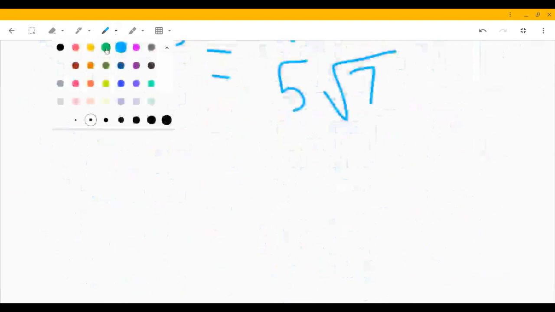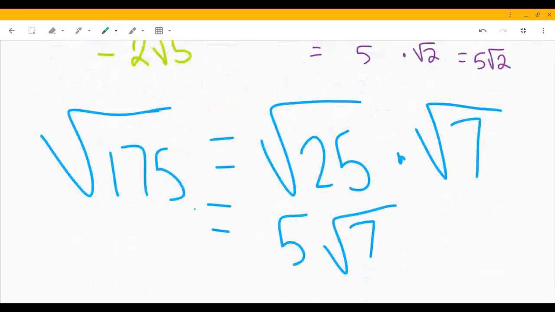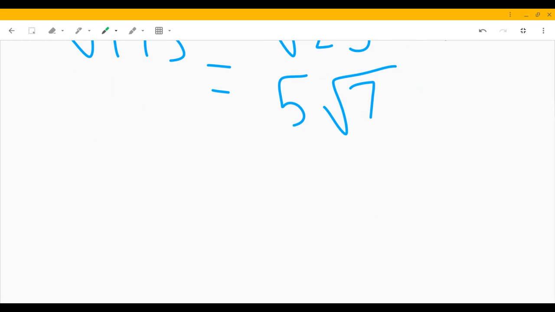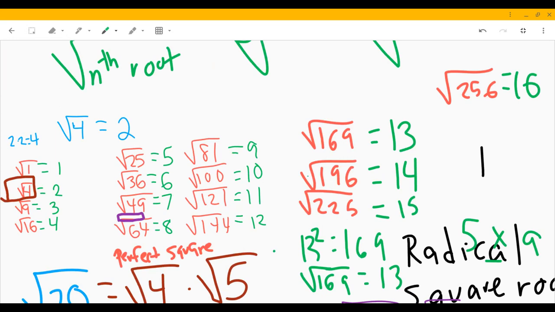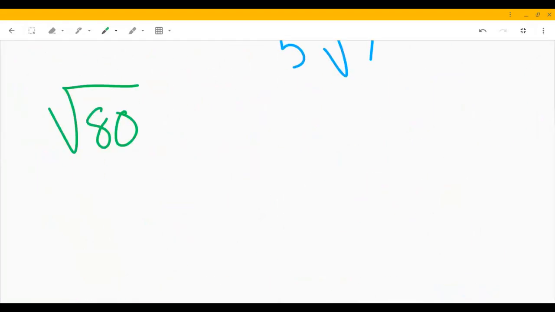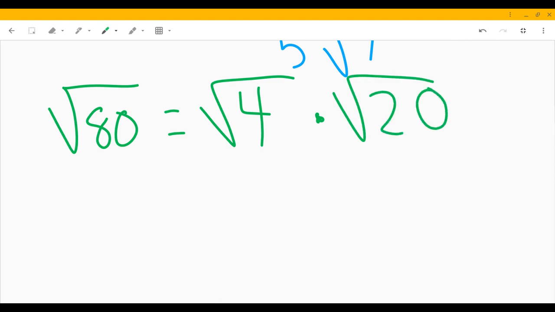Now, what if you choose a factor that you can still break down? Here's what I mean by that. Let's take the square root of 80. I'm going to choose, let's see, which one of these is a factor of 80. I'm going to choose a smaller number. I'm going to choose 4, right? So the square root of 80 could be broken down as the square root of 4 times the square root of 20.